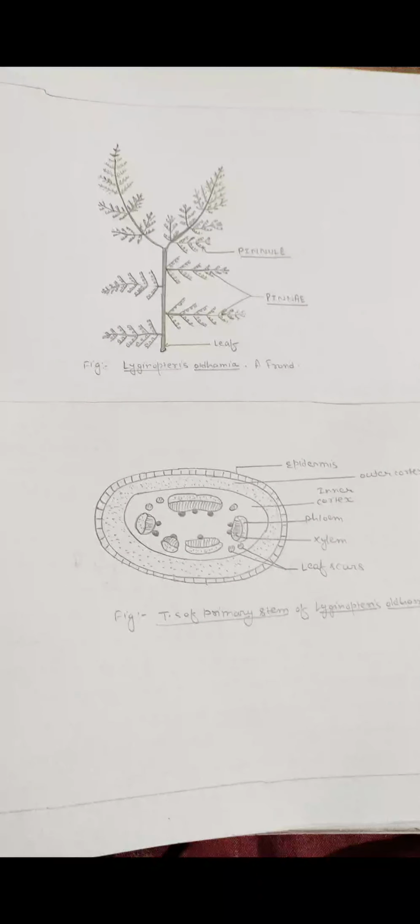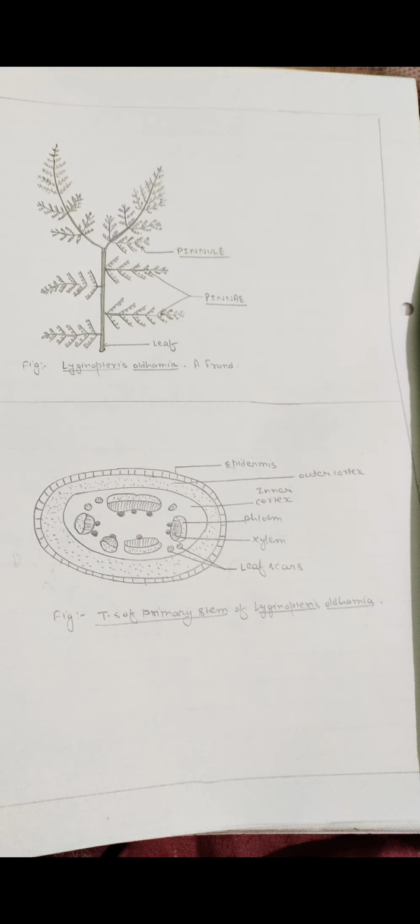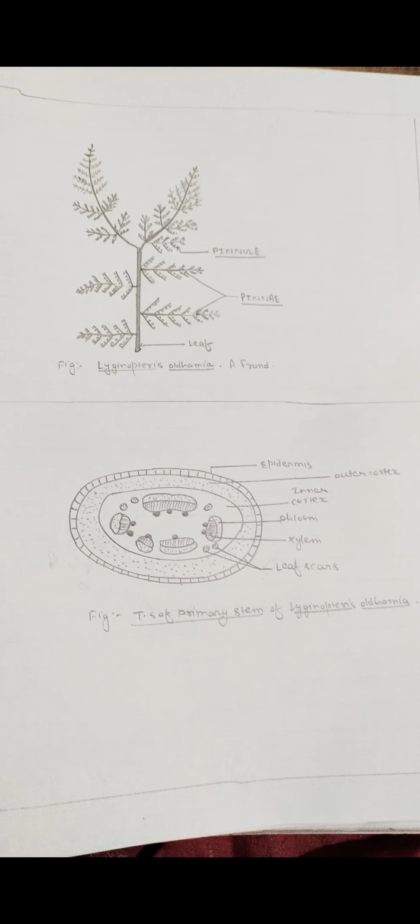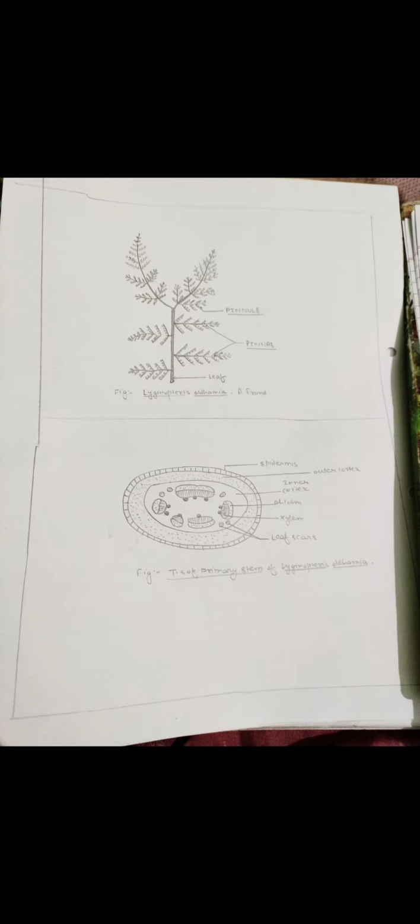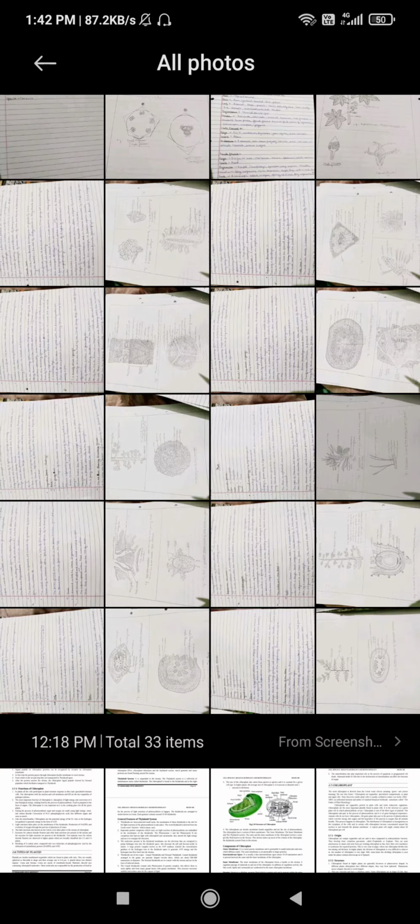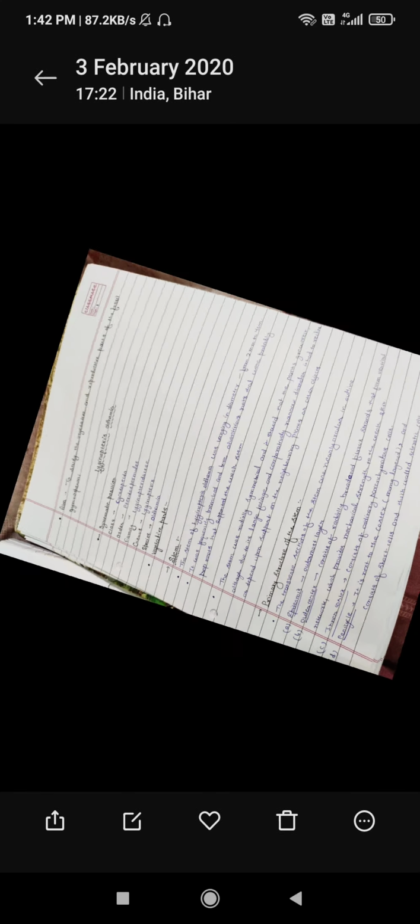This is the frond, and this is the TS of primary stem of Lyginopteris oldhamia. So on the first page, at first we will draw the diagram, and next we will write.